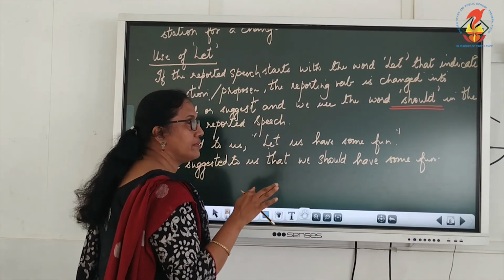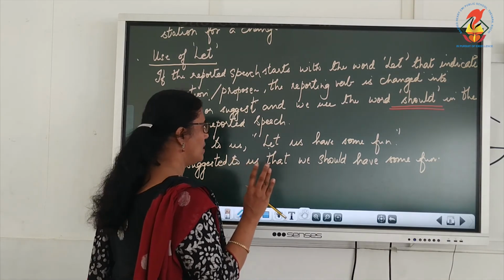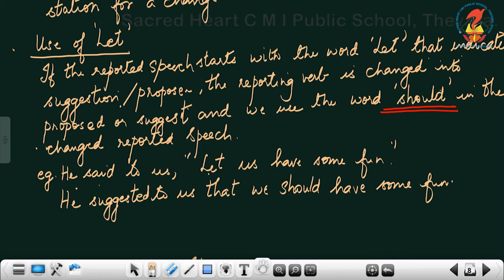The conjunction that we are going to use is that. Fourth one, what is it? Changes in the pronoun. Let us have some fun. So, here us is a pronoun. Okay. Then step number 5 is tenses. Let us have some fun. So, it is in the present tense. We will change it into the respective past tense. Then any special words? No special words.